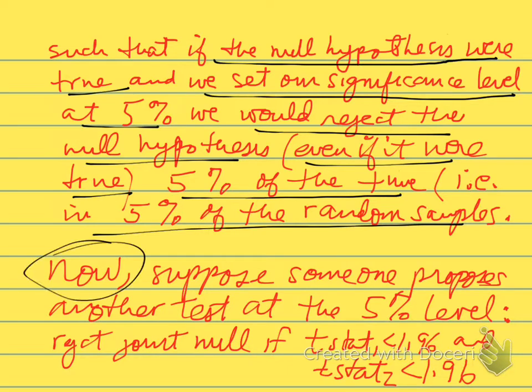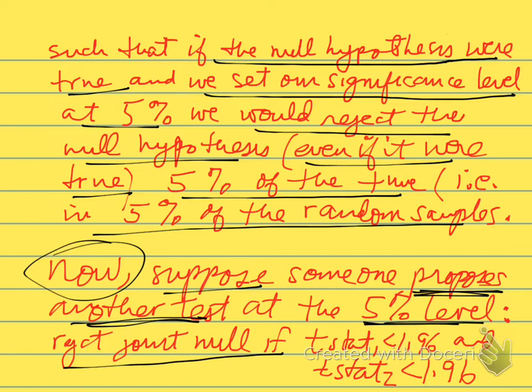Now, suppose instead of that F statistic, somebody proposes a different test at the 5% level. So they say, I have a different test, and it will reject at the 5% level. That is, using my test, we'll reject the joint null hypothesis.